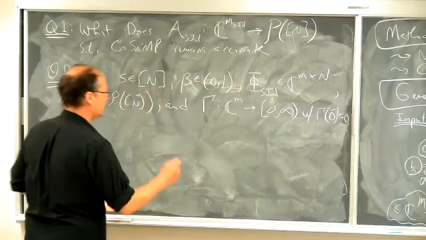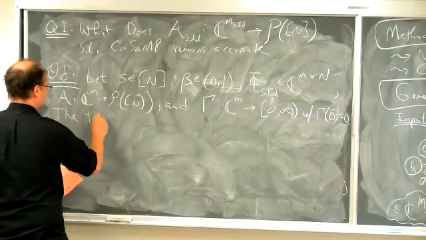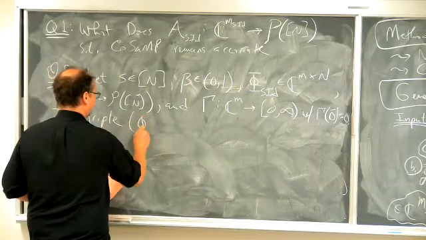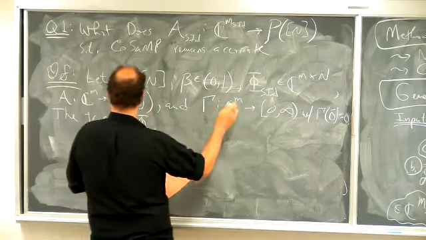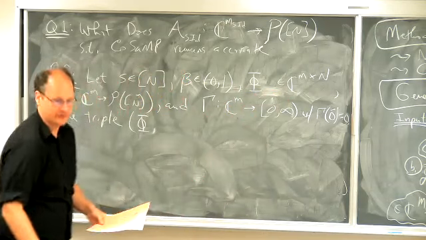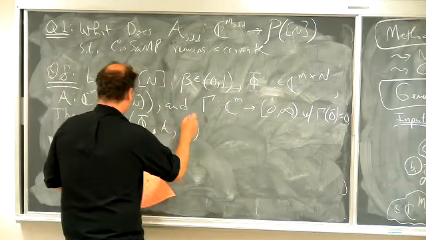Okay, so here's the actual definition. There's going to be a triple: the matrix, the algorithm, and gamma.